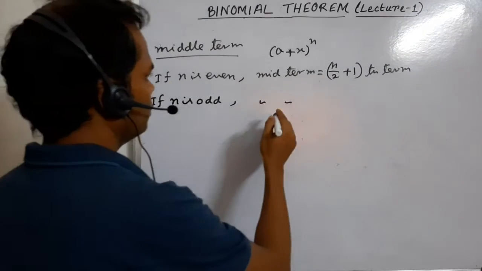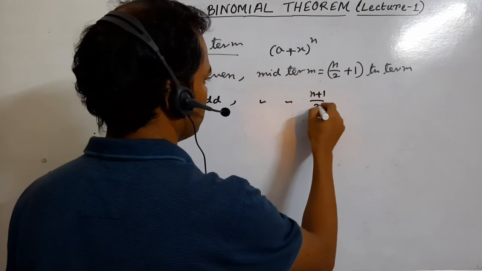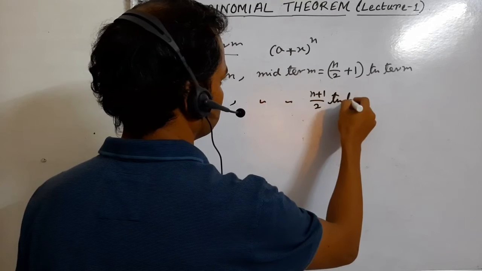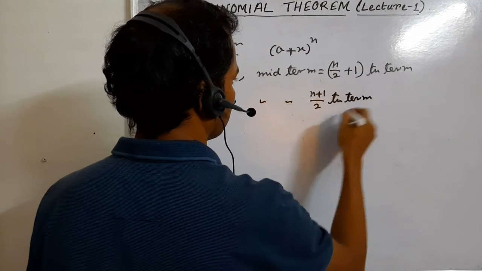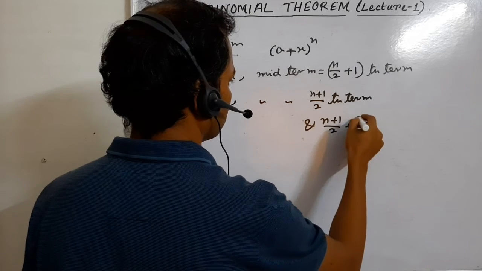If n is odd, then the middle terms are the ((n+1)/2)th term and the ((n+1)/2 + 1)th term.